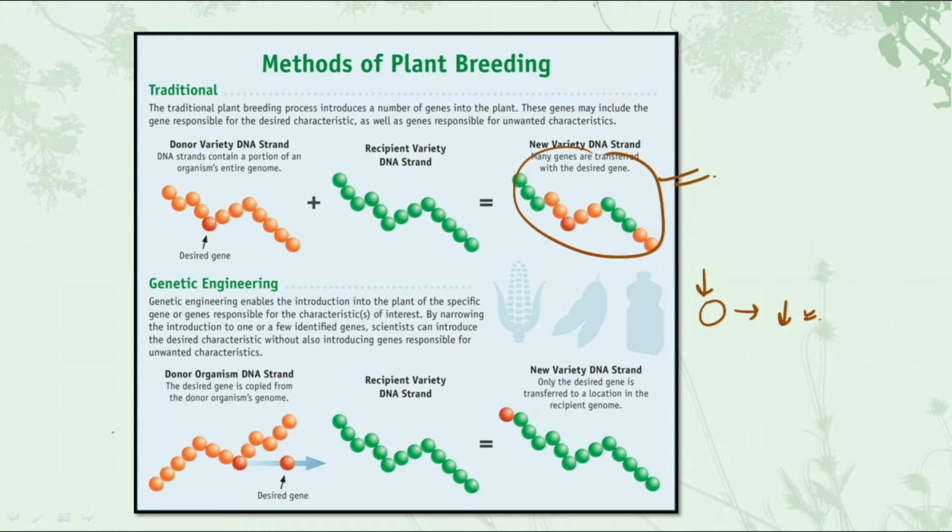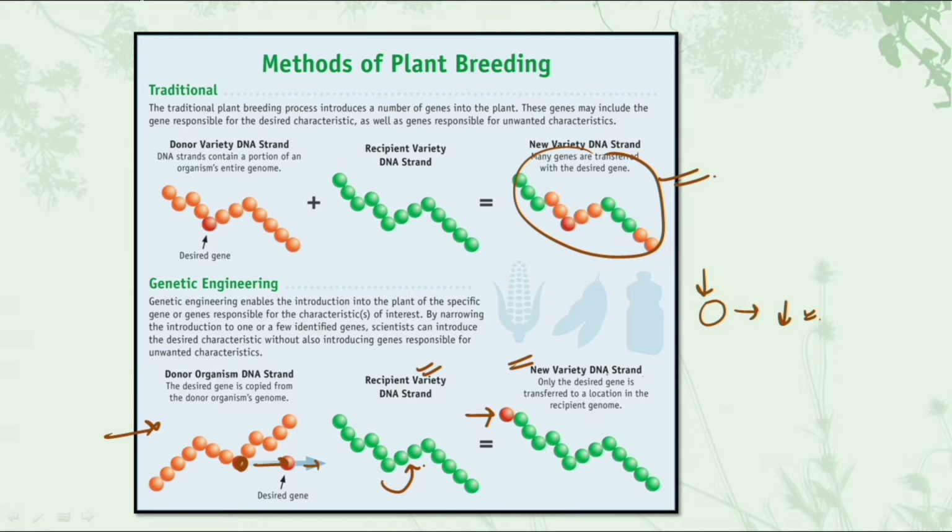So in the genetically engineered process, we have this desired gene. This desired gene is taken up and inserted into the recipient variety of the DNA fragment, and then we have the new variety DNA strand with only the desired gene at the location where we actually wanted it to be placed.